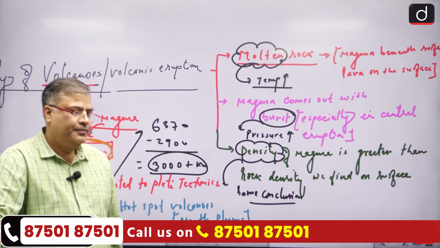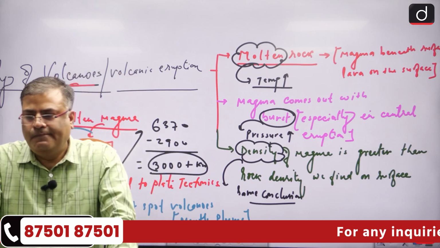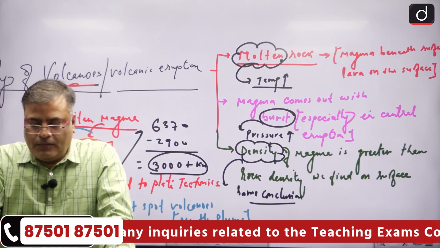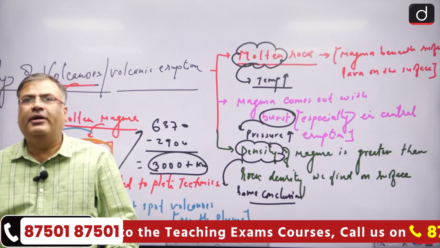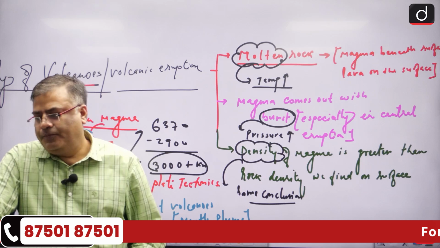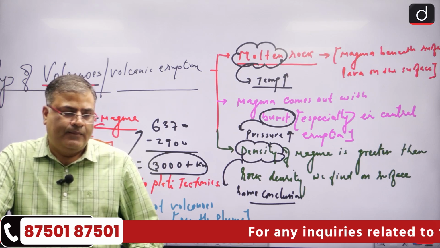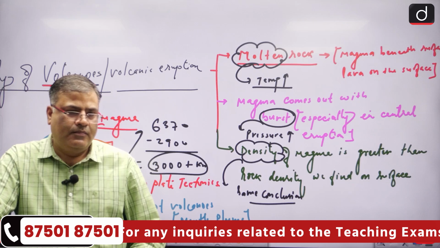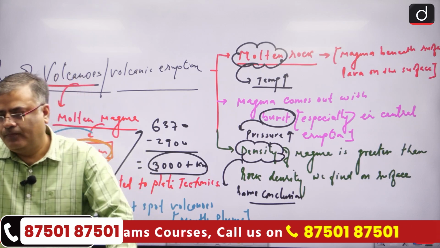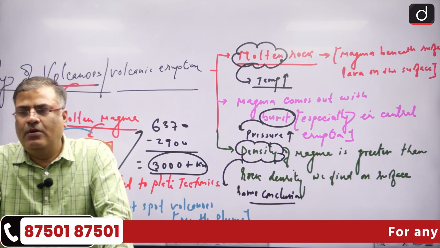Volcanic eruption gives us a good idea up to a depth of 700 kilometer, or maximum up to the depth of 2900 kilometers, under bracket, in case of hot spot volcano.